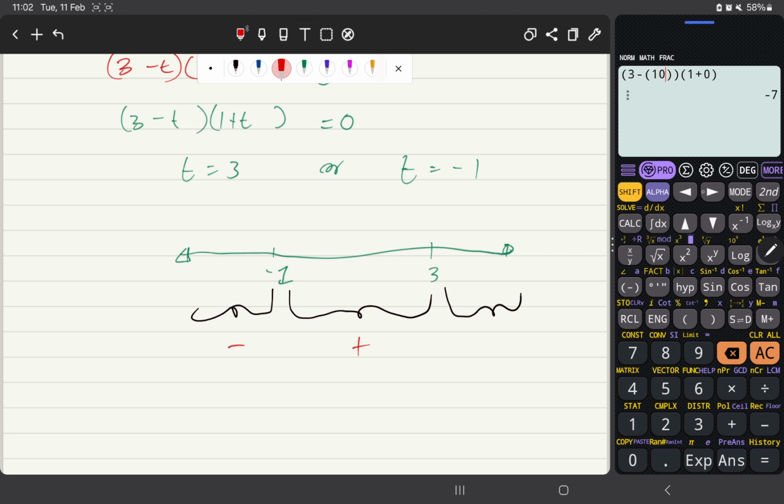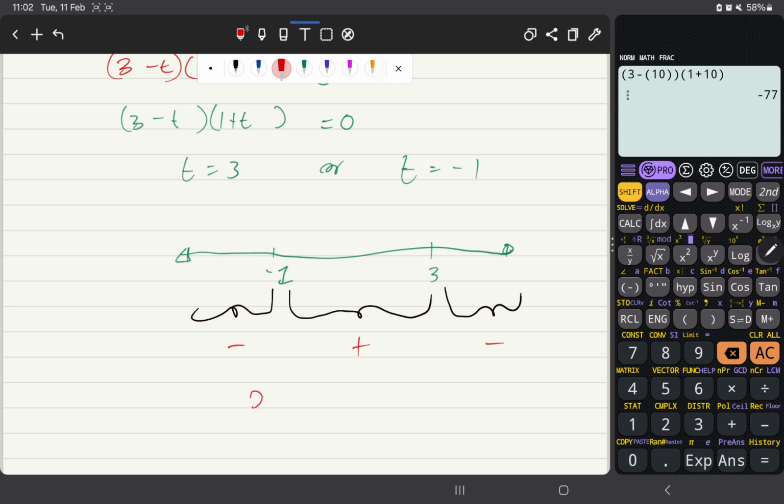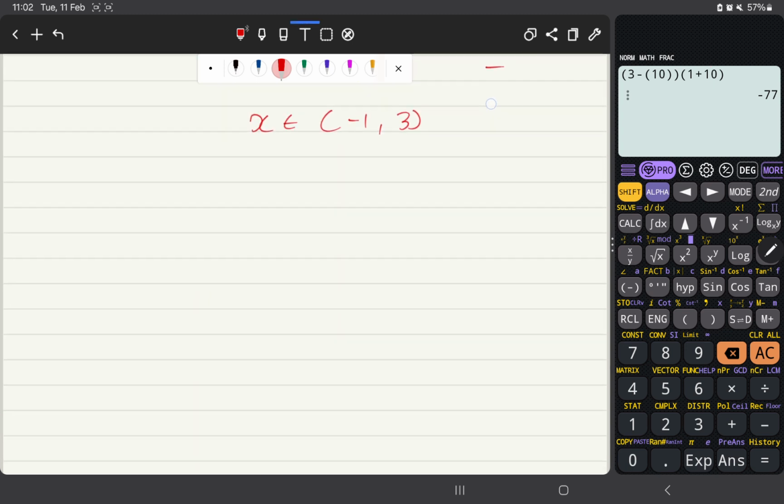Let's say we go for 10, and when we go for 10, we get negative values, implying that the region where this expression is greater than 0 is right here, where your x will be between -1 and 3. Right? Then you are done with this expression.